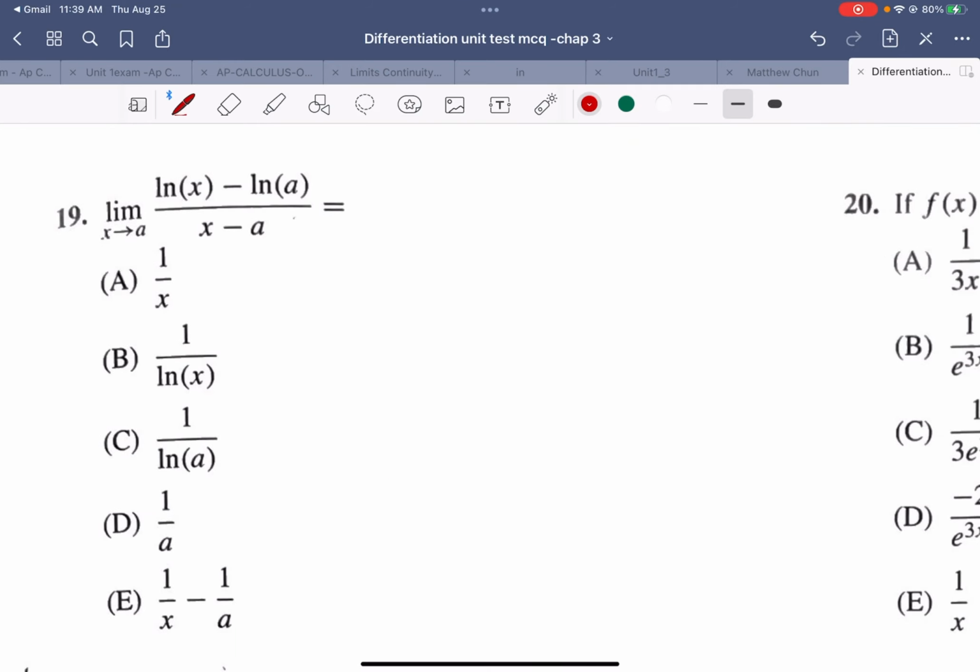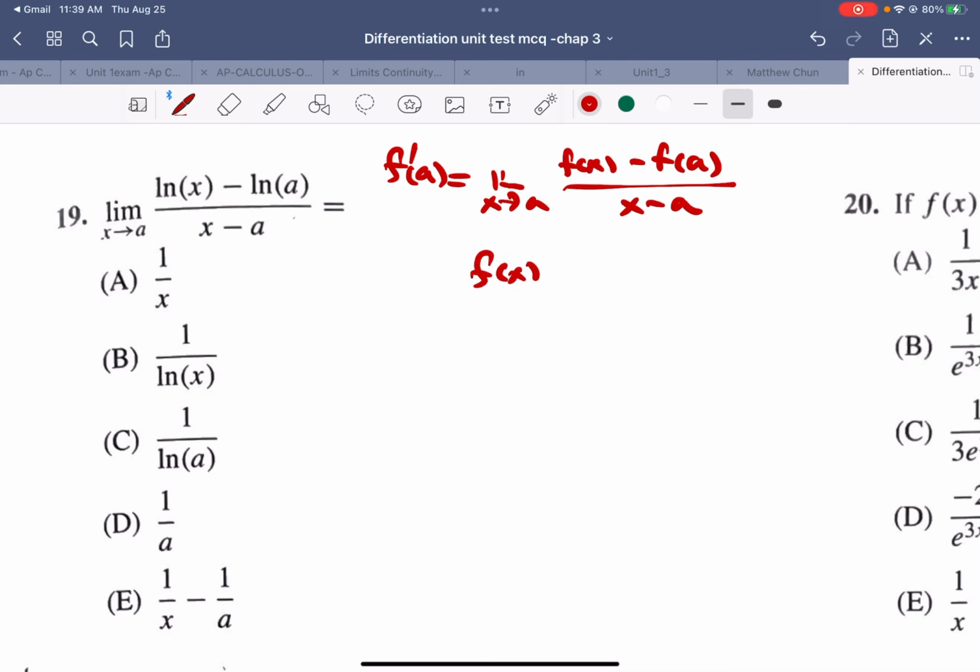What is this? This is the second definition of the derivative, if you remember what I said in the beginning. Let me just copy it one more time. Limit as x approaches a of f(x) minus f(a) over x minus a. That's f prime of a. So we know that ln x is your function.